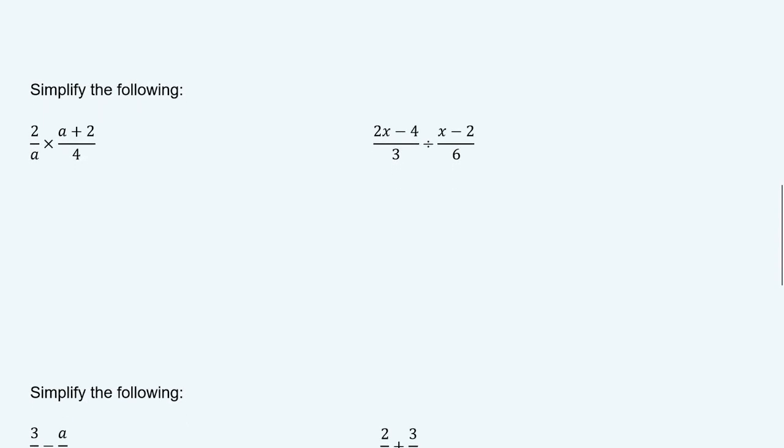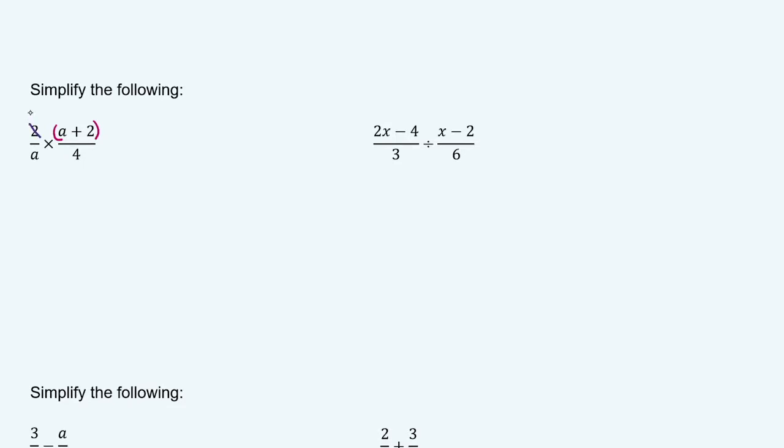So look at the next one. I'm going to do some pretty similar things here. Because it's a multiplication, we're going to get rid of some common factors. Now the a plus 2 is a factor on its own, so we can't do anything with that a or that 2. But this way we can.